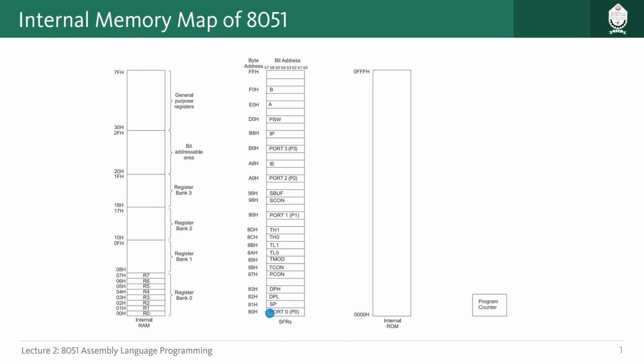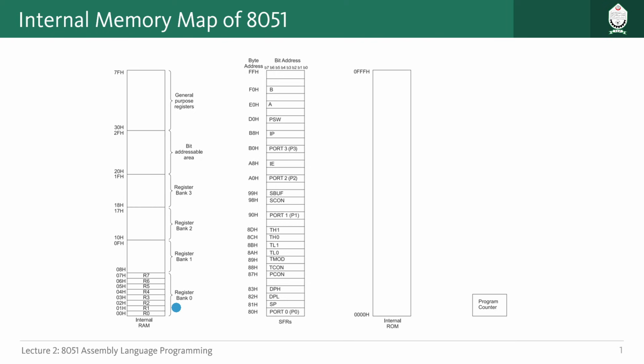Then we also have something called the SFR, the special function registers. After the internal RAM we have another 128 bytes of these special function registers, whose addresses start just after the addresses of the internal RAM, but that doesn't mean they are adjacent to each other.